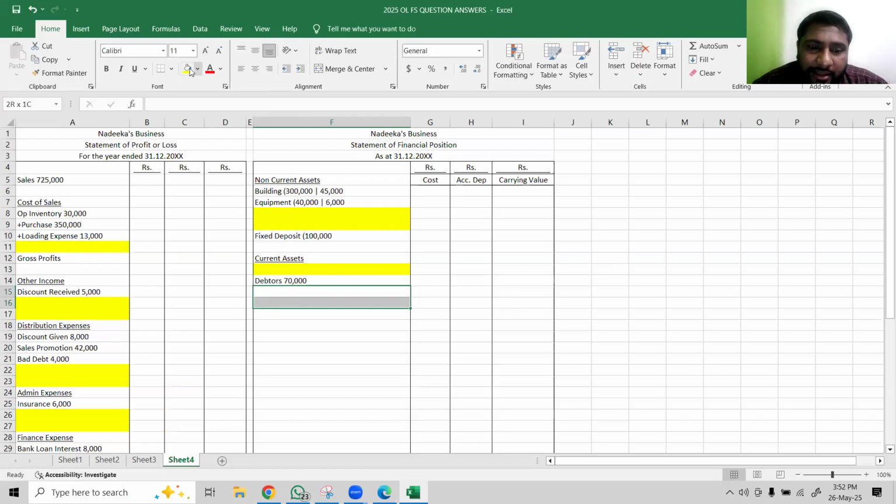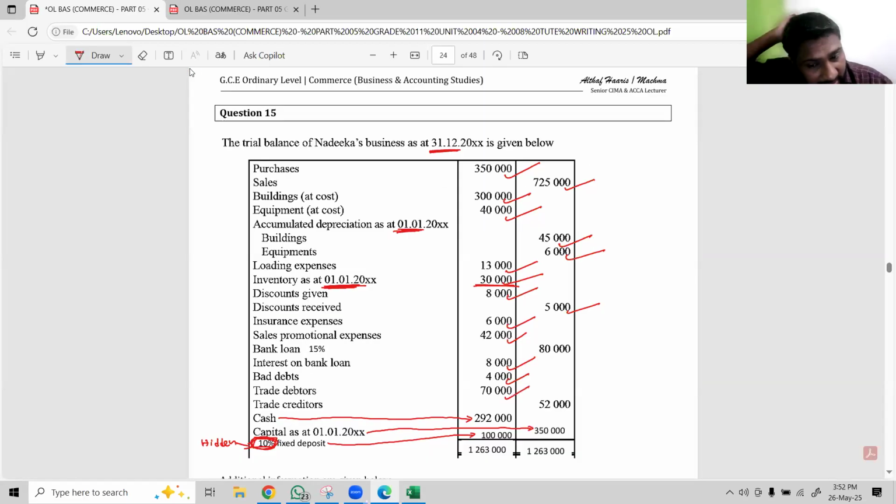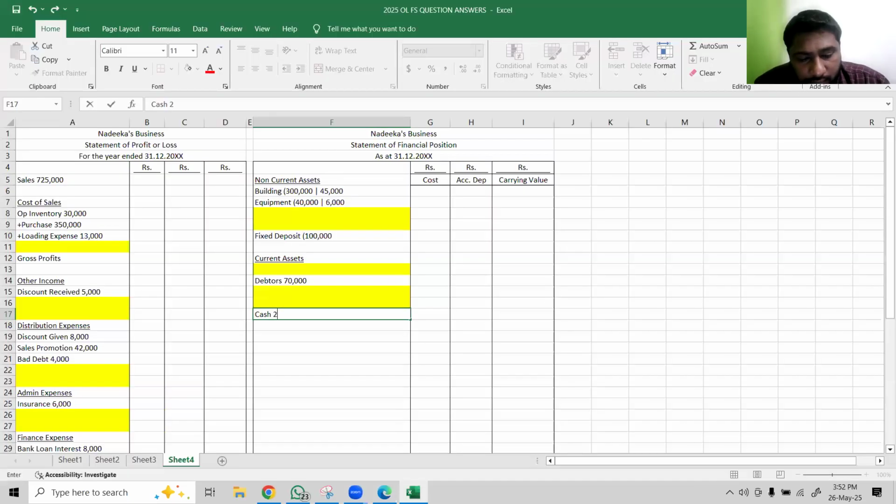I'll leave 2 lines. The last current asset should always be cash, 292,000. Total assets.